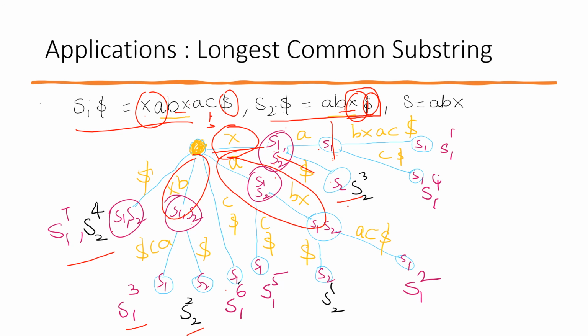So all the common substrings are dollar, BX, ABX, and X. So here we have 4 common substrings between S1 and S2. Out of these we find the longest one.